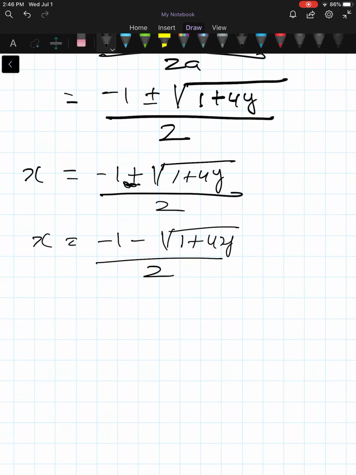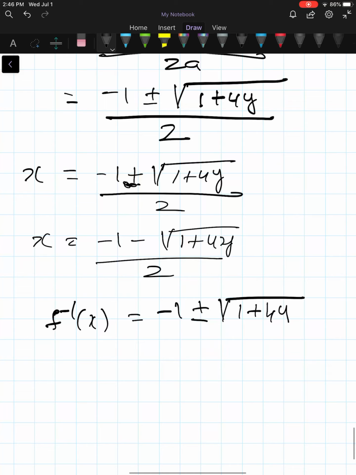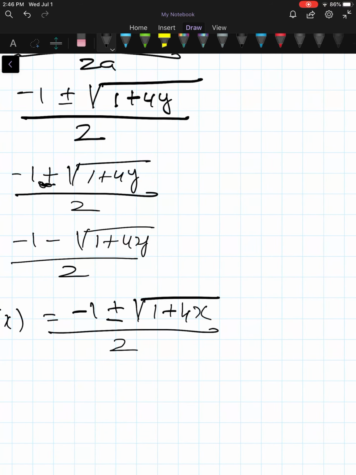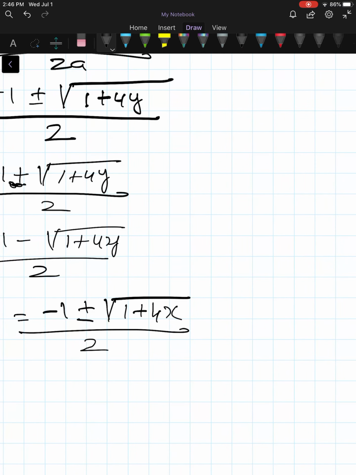Okay, so now if you interchange the variables, f inverse of x will be equal to negative 1 plus or minus square root of 1 plus 4x, divided by 2. So here we have to create our own domain, because we should not have negative values inside the square root. So for that, we calculate when this term will be negative.